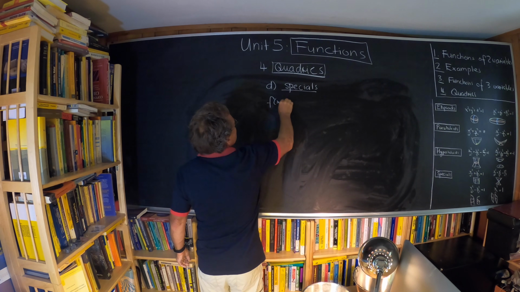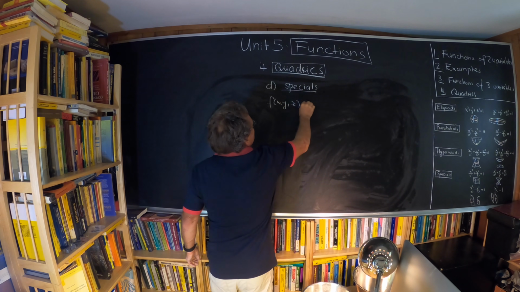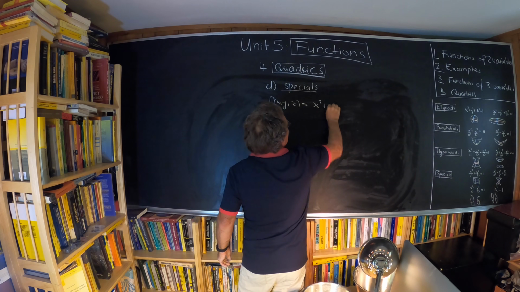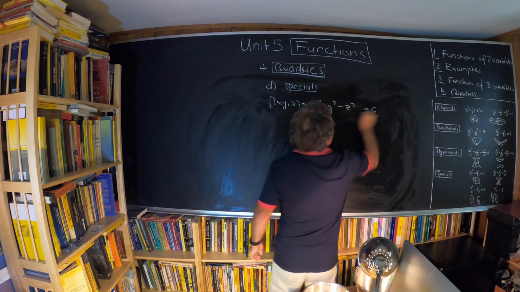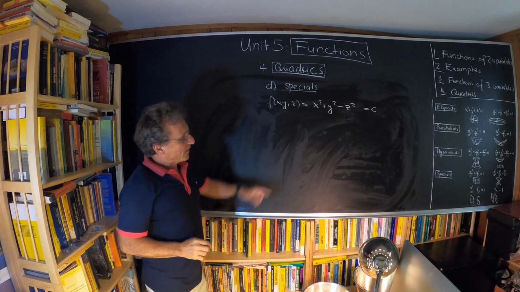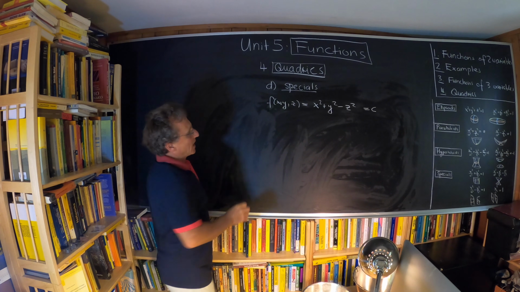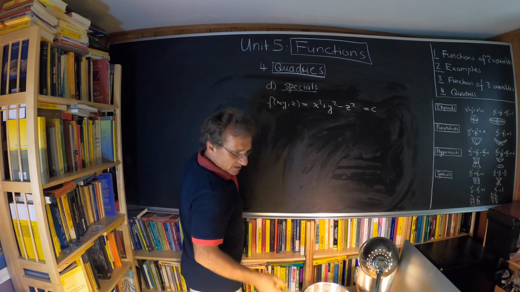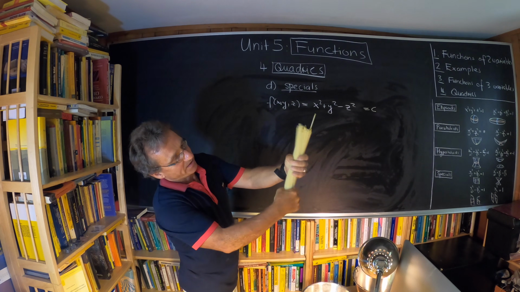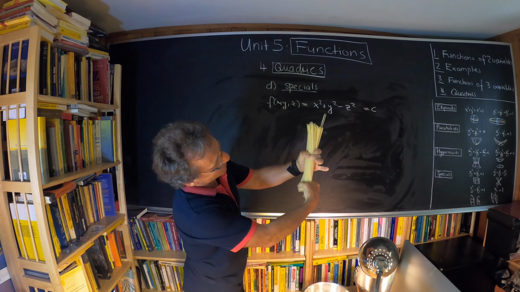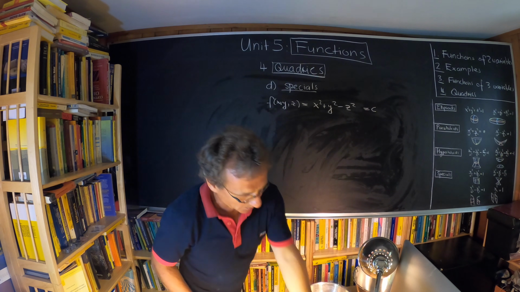F(x, y, z) is equal to x squared plus y squared minus z squared. And let's look at these level surfaces here. So we have already seen that in the hyperboloid case. So in the hyperboloid case, when we get this, for example, we get this one-sheeted, actually one sees it not badly here, this is this one-sheeted hyperboloid.